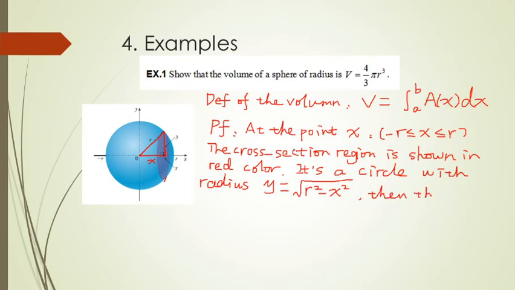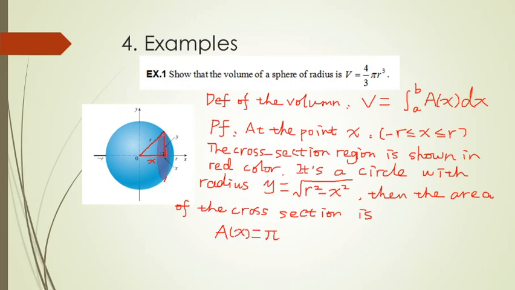Then the area of the cross section at the point x is a circle, right?